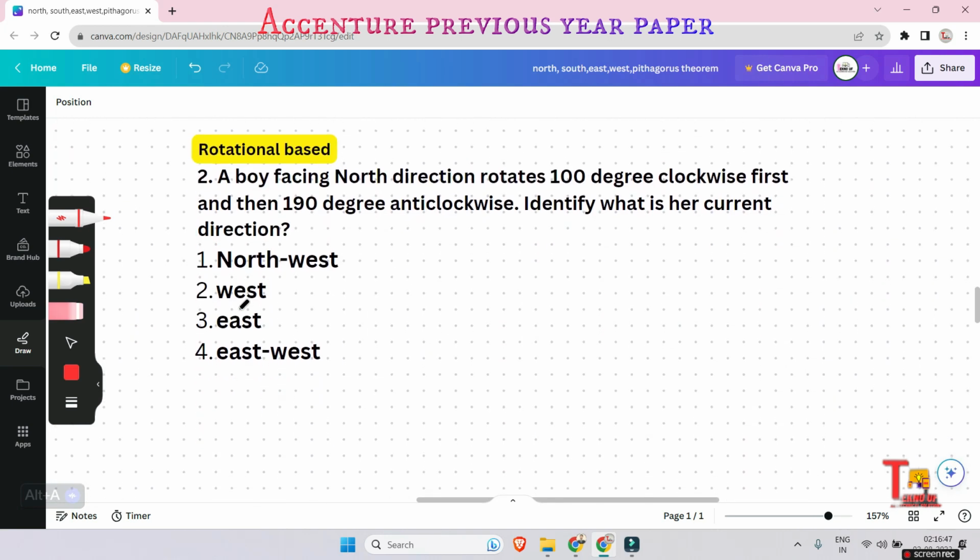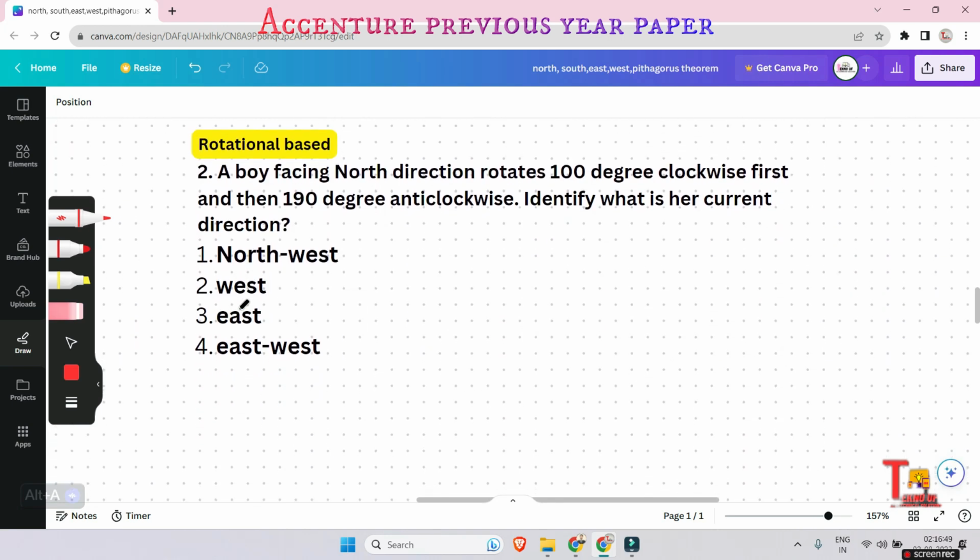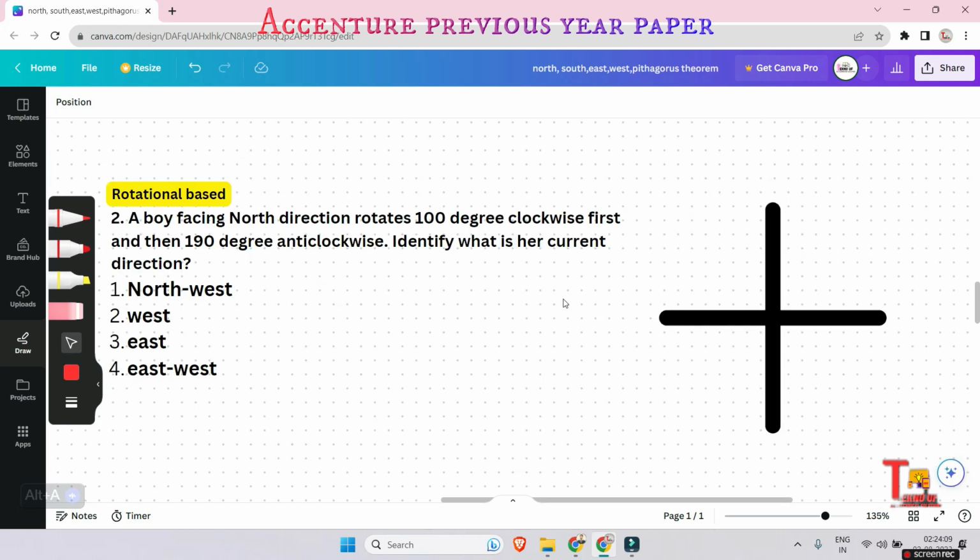There is a rotational based problem. A boy facing north direction rotates 100 degrees clockwise first, then 190 degrees anti-clockwise. Identify what is her, there is a mistake, what is his current direction. So the boy is facing towards north direction and he rotates 100 degrees clockwise.